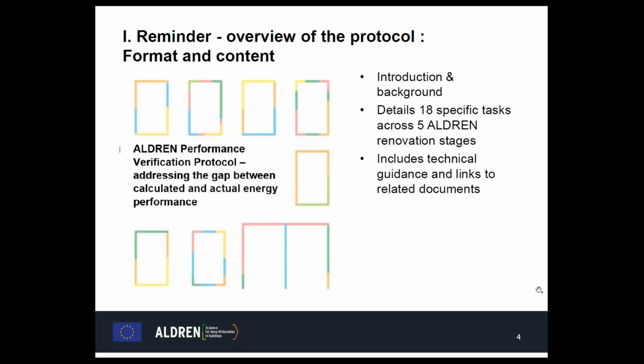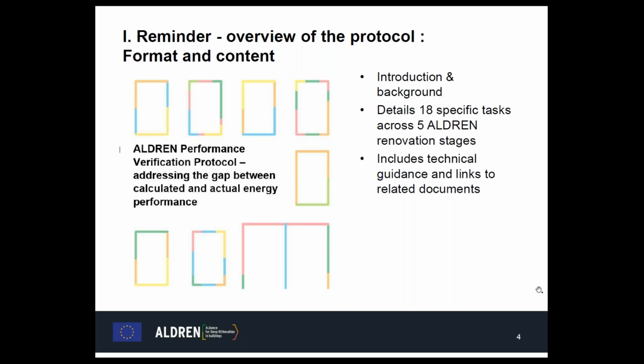In terms of the refresher, the protocol is a written document which contains several sections. It has an introduction and background to explain why the protocol steps are necessary in order to reduce the performance gap, and explains some of the work being done across Europe and in other countries in this area.